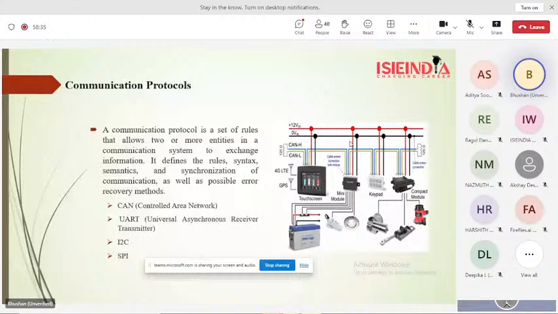CAN H and CAN L form a protocol, and the absolute voltage difference between these two generates the signal. The communication between the touch screen and keypad, and between the touch screen and the battery, is done with the signal, so there is no interruption between any signals.